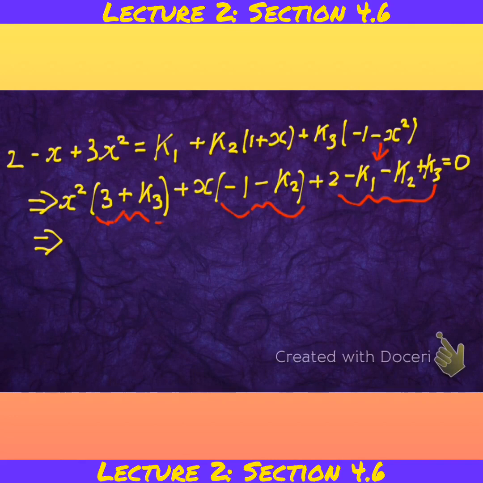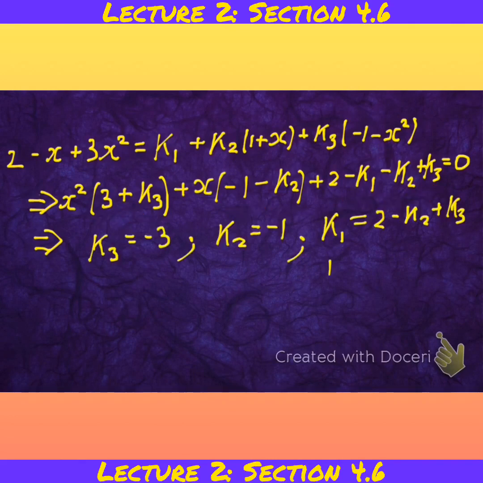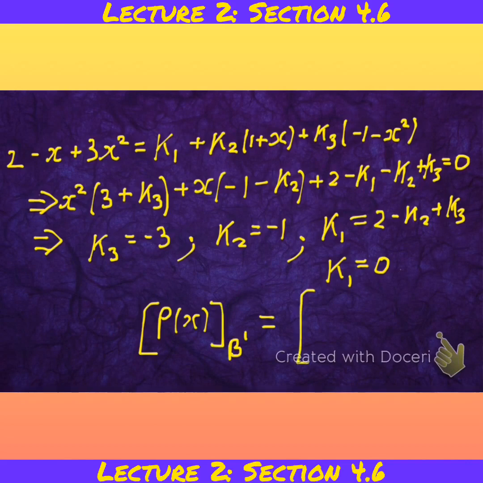So therefore we can solve k1 as 0. So my coordinate vector of p(x) with respect to the basis B prime is equal to the vector 0, minus 1, minus 3.